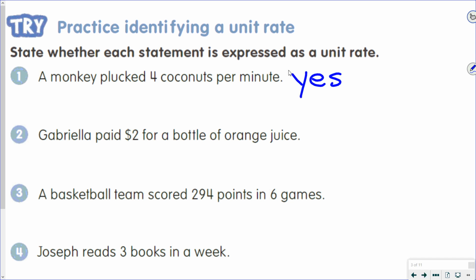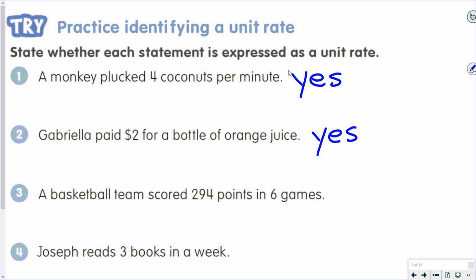Yes, that is a unit rate because it's 4 coconuts for every 1 minute. Number 2, Gabriella paid $2 for a bottle of orange juice. Yes, that is a unit rate because she's paying $2 for a bottle, or 1 bottle of orange juice.